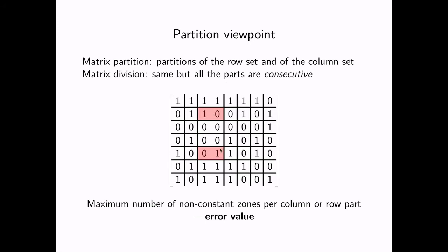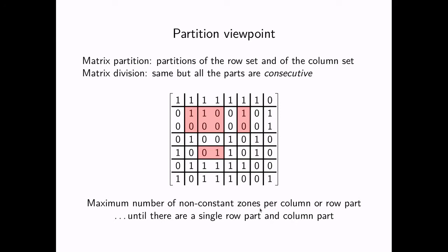So here there would be 2 of them. And now the red degree, or the number of error symbols, you read it as the number of red zones within a single part. So we'll call this the error value.